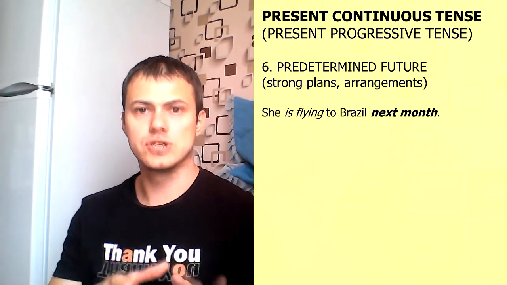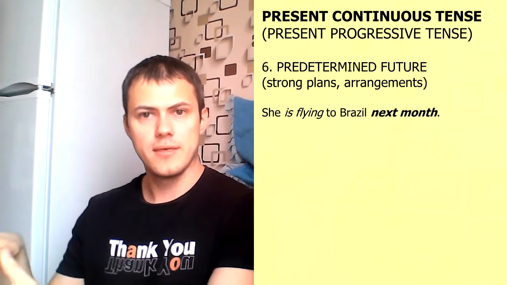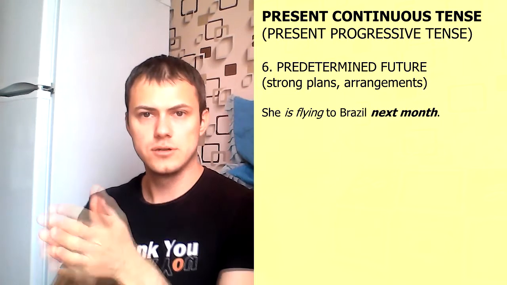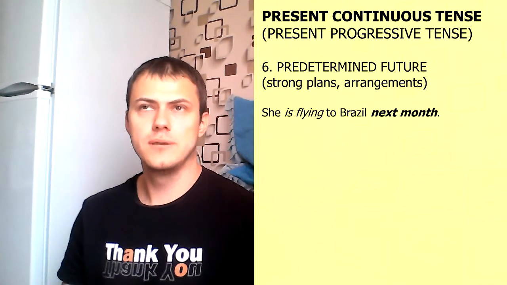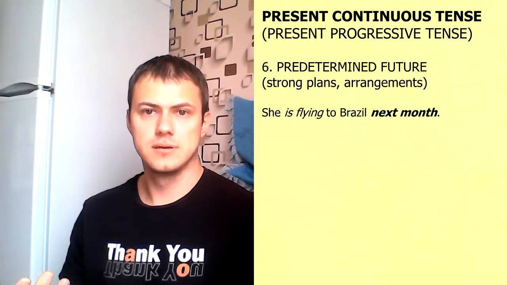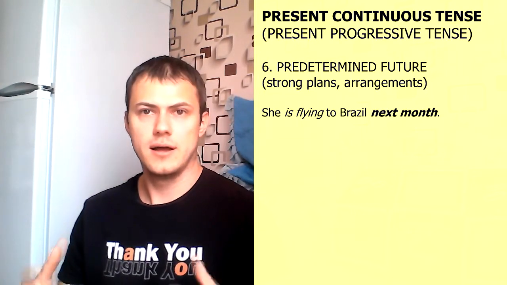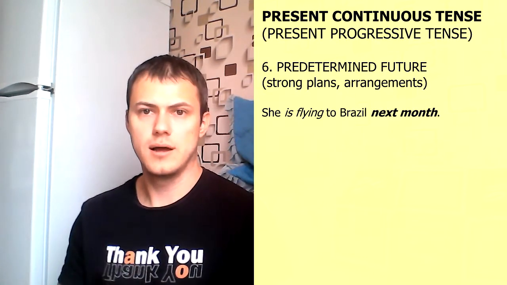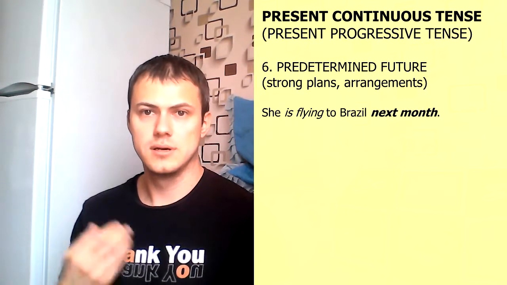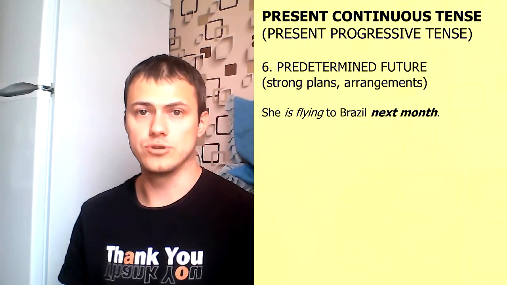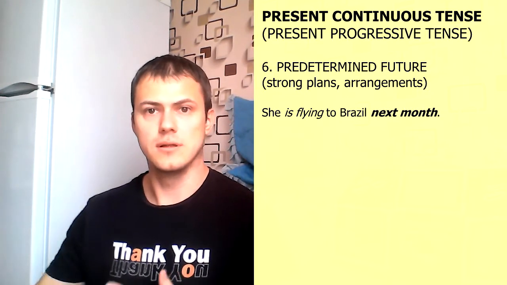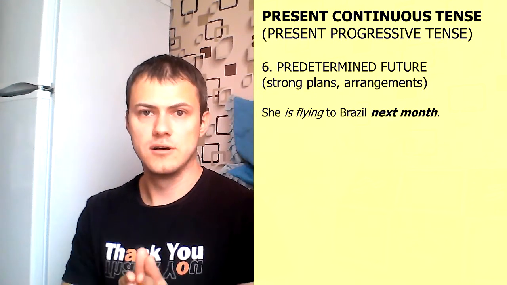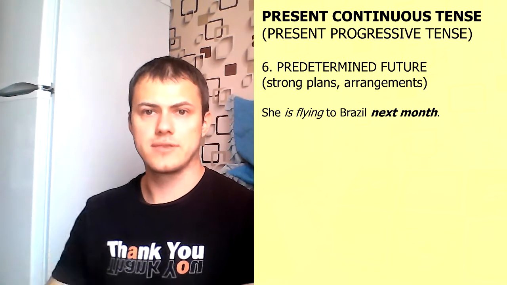But she knows that next month she is going to fly to Brazil, and she probably has a ticket. She probably has a plan about it, and she is sure about this situation. So we can talk about her flight to Brazil next month using the present continuous tense. She is flying to Brazil next month.